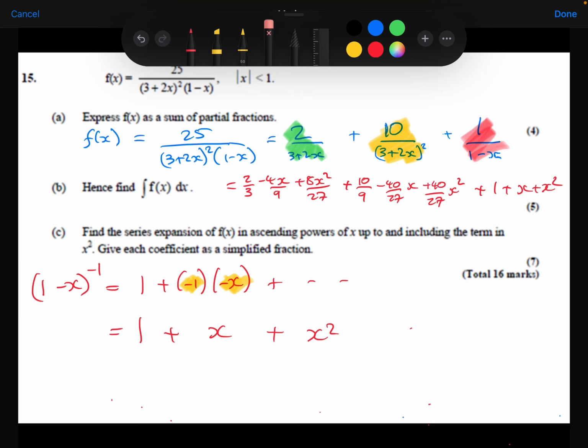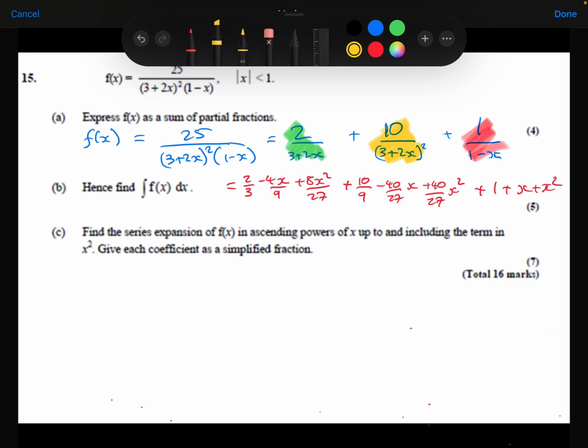And all we need to do now is collect up the like terms. So let's just pick out what they are. We've got 2/3 plus 10 over 9 plus 1, which is going to give us 25 over 9.